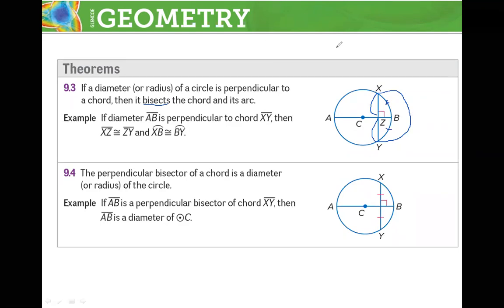This is theorem 9.3. I'm going to Faisal. Faisal, can you read theorem 9.3, please? Yes, mister. Okay, read theorem 9.3.